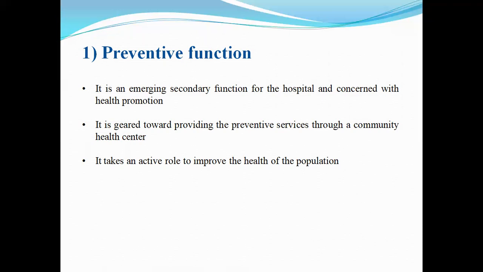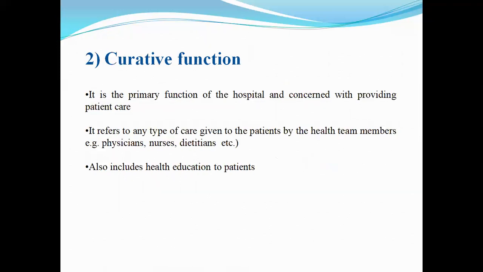Where a mother is anemic, the hospitals are providing the iron tablets free of cost to each and every mother. In this way, they are playing an active role in the health of the population.